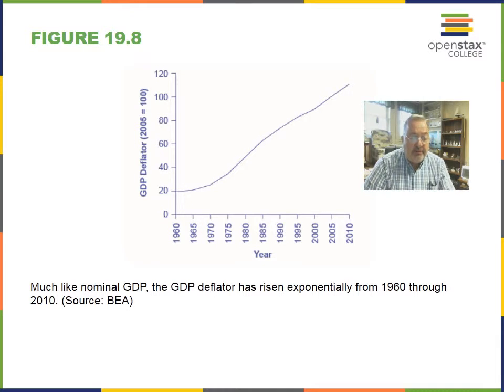The GDP deflator is a way that we measure inflation throughout a period of time on everything that's included in GDP. This is a graph showing that GDP deflator over the period from 1960 to 2010. And as you can see, it rose just like the GDP. The inflation has gone up as fast as the gross domestic product.